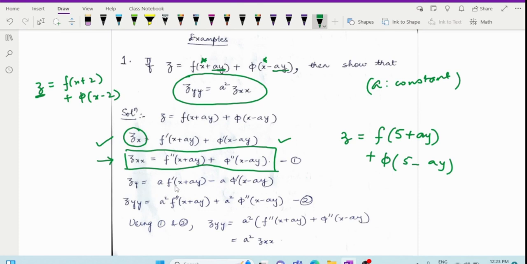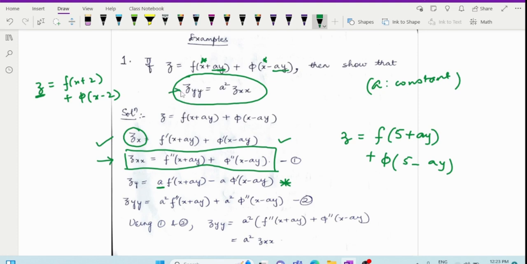So when you do that, the partial derivative of z with respect to y will be the derivative of f into the derivative of x plus ay with respect to y. So the constant a comes out using the chain rule. Similarly, here the derivative of phi into the derivative of x minus ay, which is minus a, because you are differentiating y with respect to y this time. So this is what you get as your partial derivative of z with respect to y, the first order.